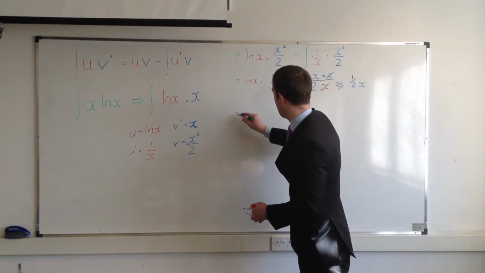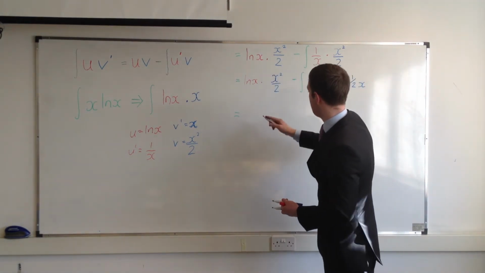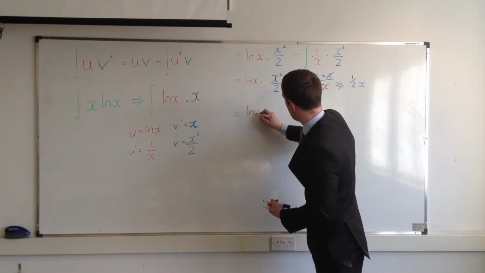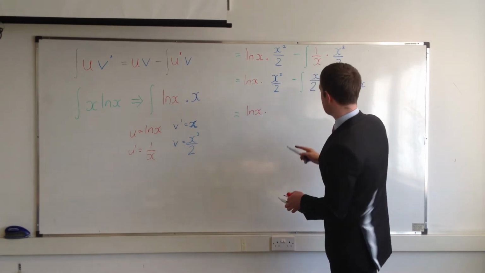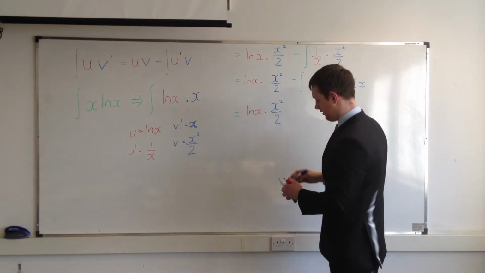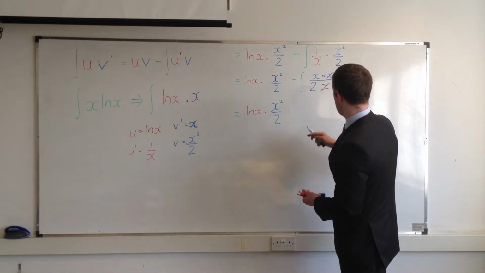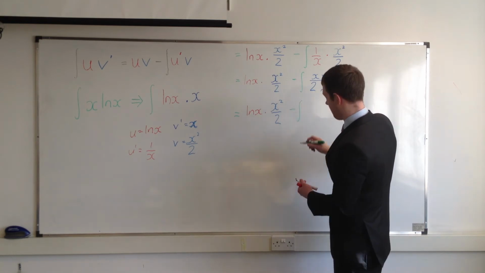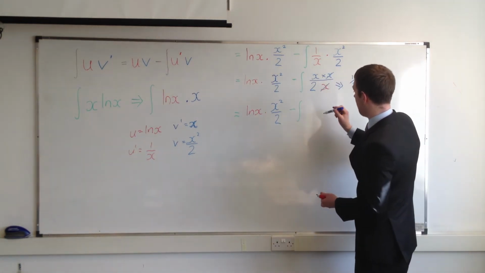So this equals ln x times by x squared over 2 minus the integral of 1/2 x.